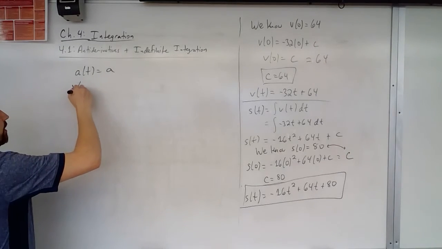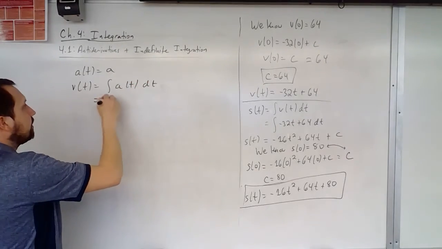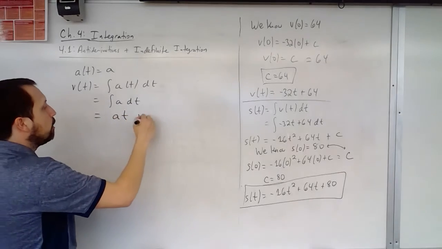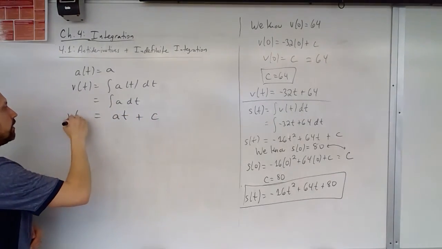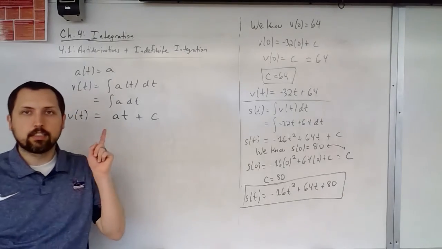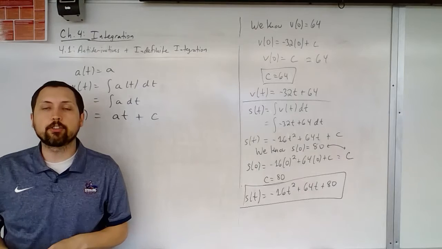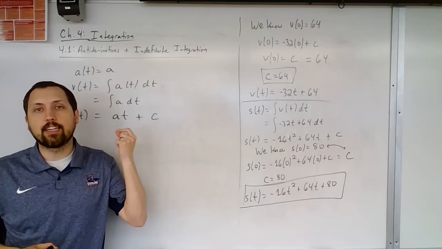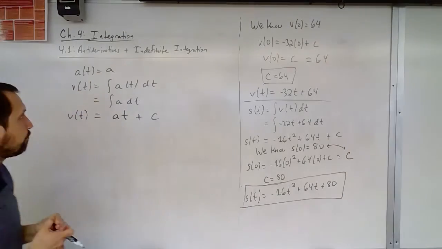So the velocity is going to be the integral of a of t dt, so that's the integral of a dt. That's going to be at plus some sort of constant. Right, so I'm going to generalize this process. For those of you who want to be engineers and want to do physics with calculus, this is what you're going to be looking at: seeing how we generalize this to anything using integrals.